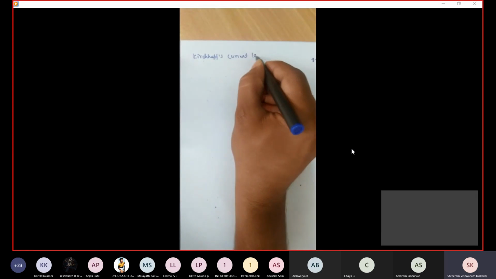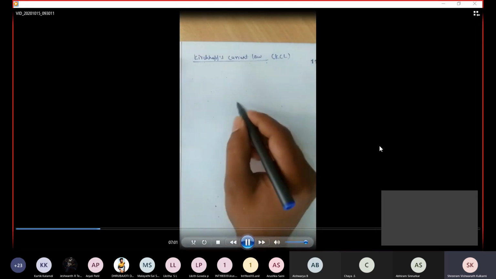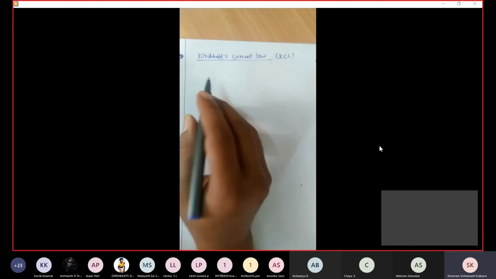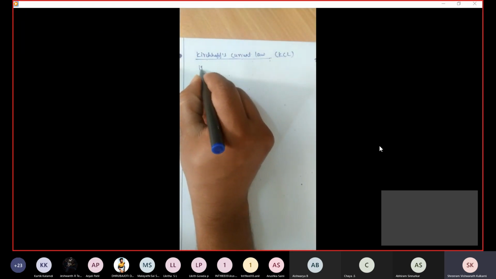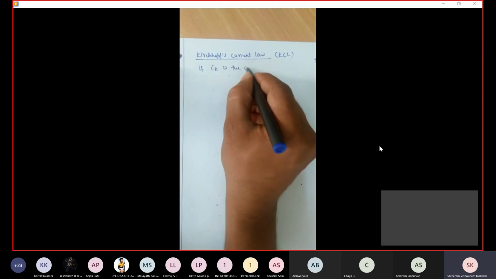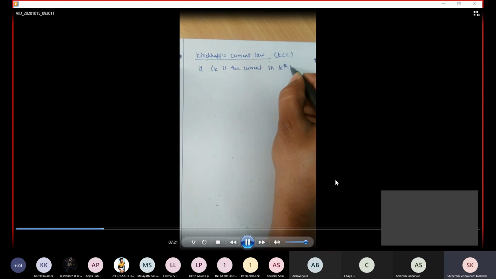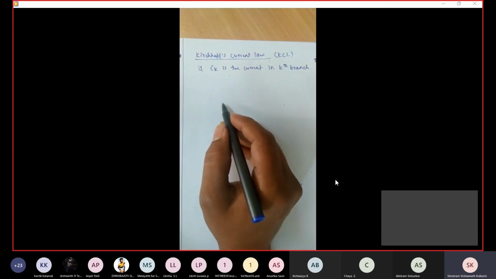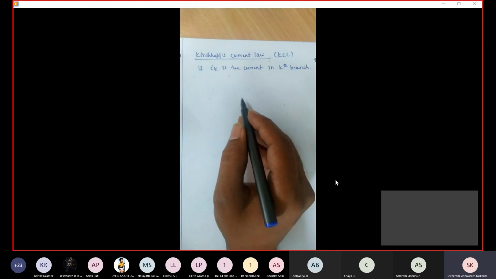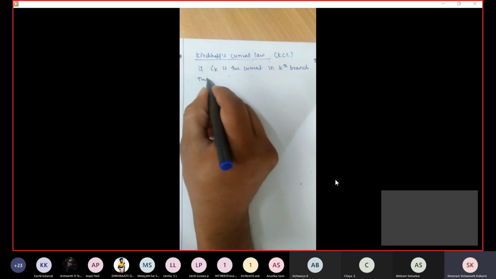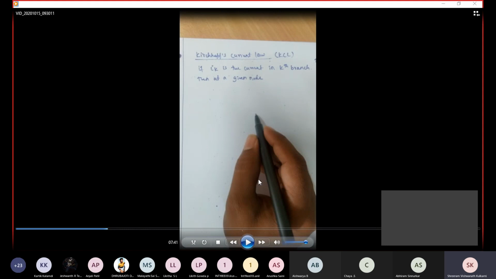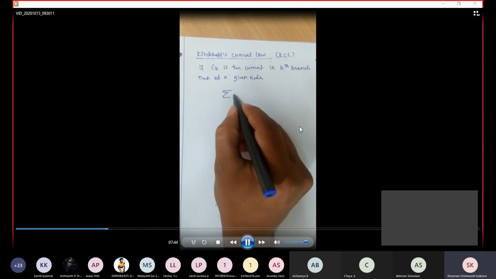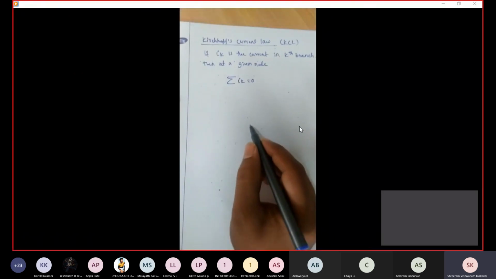Kirchhoff's current law, KCL. The KCL states that if Ik is the current in the kth branch, then at a given node, just as in KVL at a given branch, here in KCL at a given node, I can say the summation of Ik equals 0.